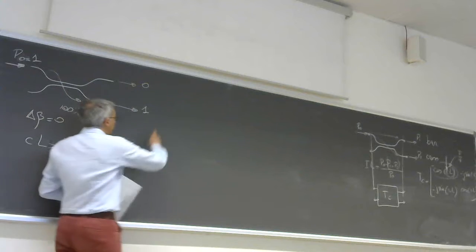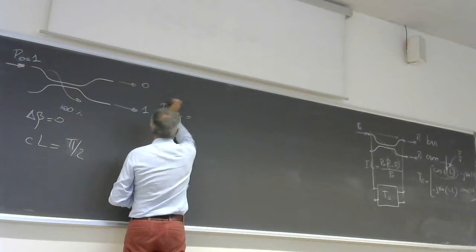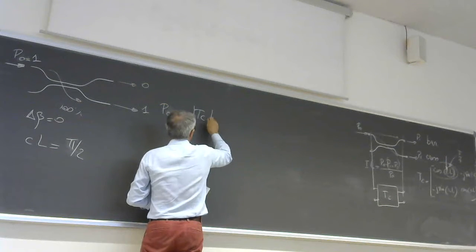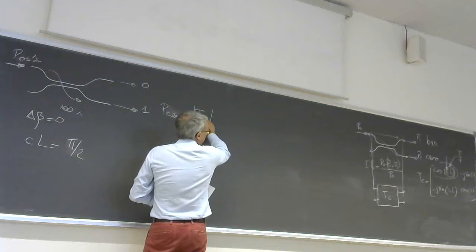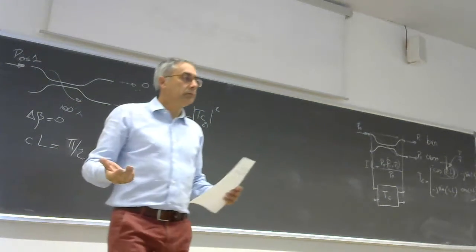The P bar, P cross, sorry, P cross is the transfer matrix element 2,1 squared.